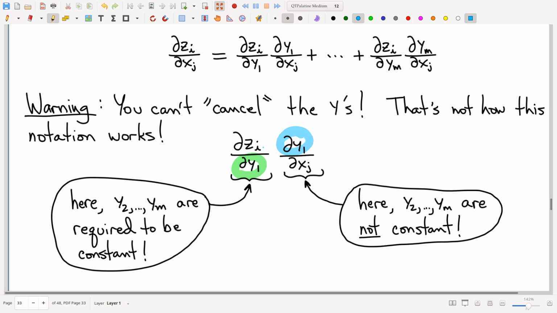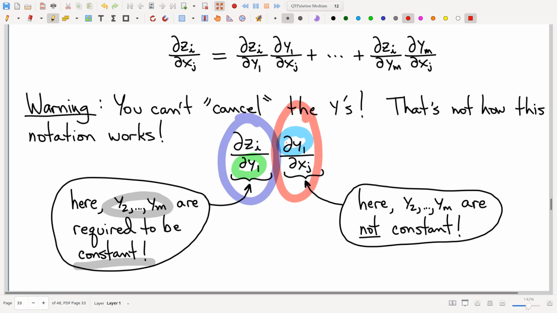So in particular, in this story right here, we're taking a partial with respect to y1. That means all the other y variables have to be constant. In this story on the left, the other y variables are all constants. Okay, fine. Now let's look at this story on the right. In the story on the right, well, wait a second, we're changing xj, and all the other x's are constant. But wait a second.